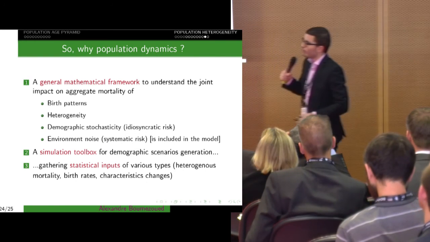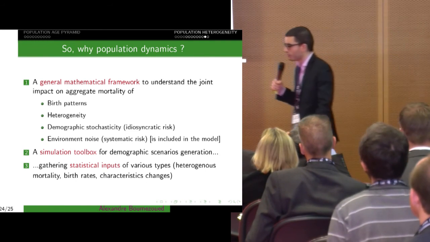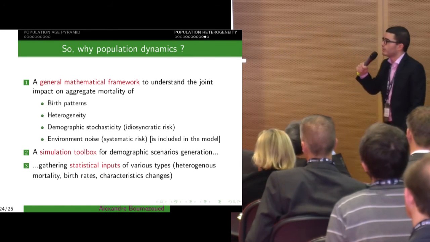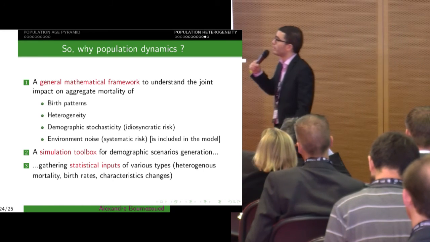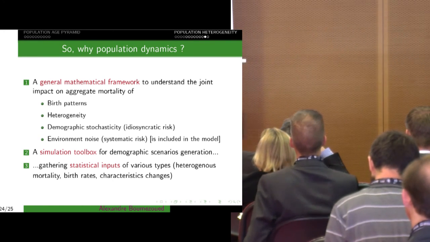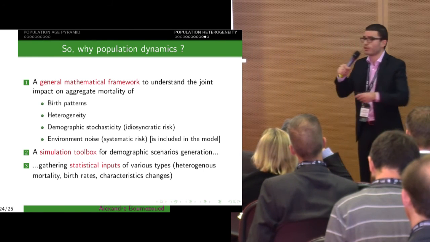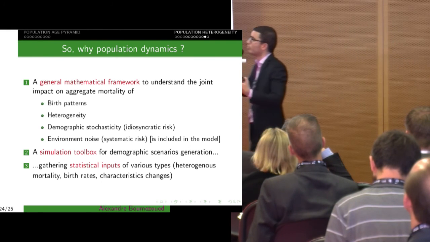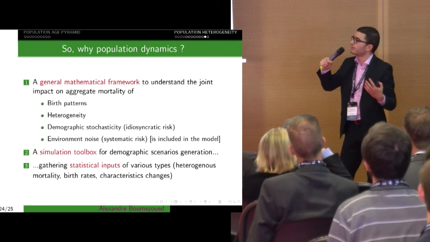Okay, so let's go back to our first question, because we dealt mainly with the impact of birth patterns linked with mortality, but I wanted to give a more general overview of what we are doing in the NR project. I think such a modeling framework can be seen in three directions. First one is a general mathematical model, to think jointly about the things we talked about: birth patterns, heterogeneity, demographic stochasticity.